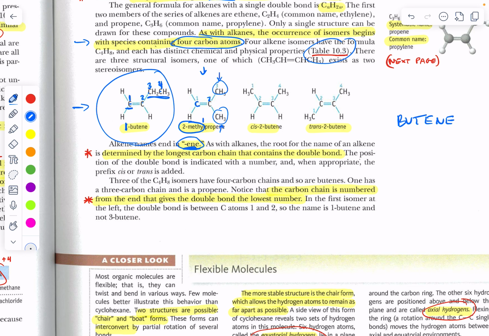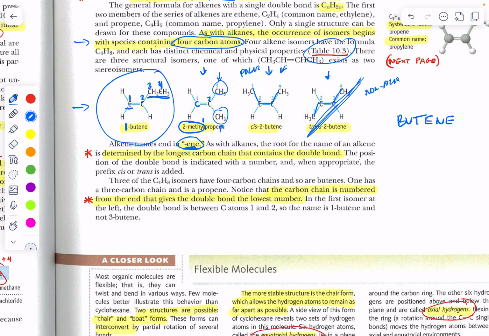Now, coming over to the third one and the fourth one, you can see that we have 4 carbons in a row, 1, 2, 3, and 1, 2, 3. This one is a little more linear than this one over here. This one is a little more polar. This one is a little more non-polar because it's a little more linear and symmetrical.